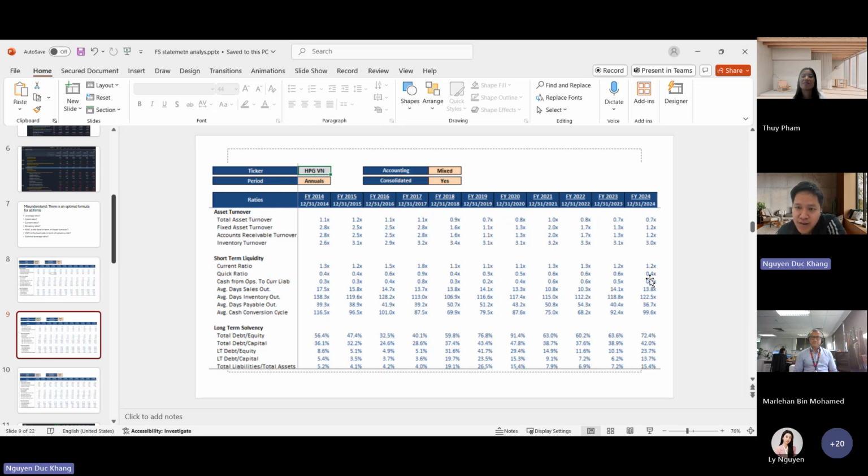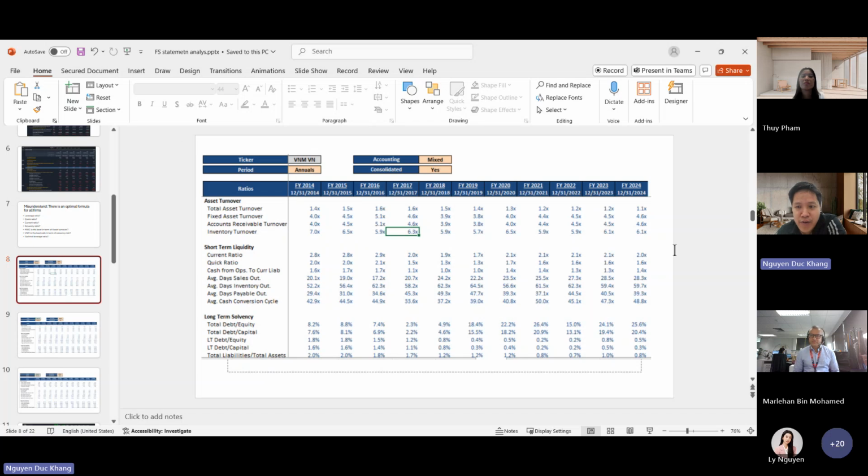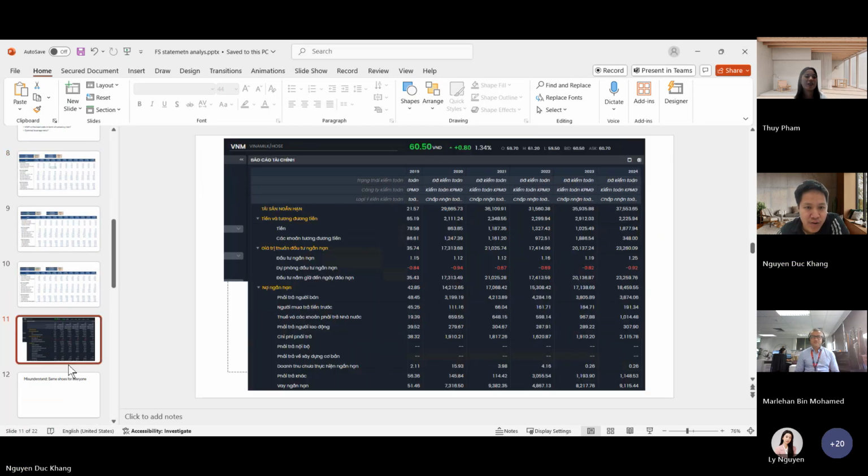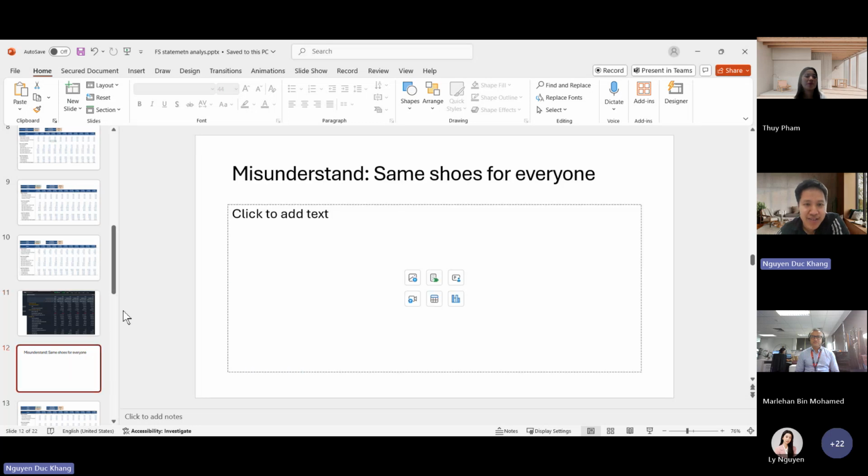But with a quick ratio of 0.4 for HPG compared to 1.4 for Vinamilk, can we conclude that HPG has three times the risk of default of Vinamilk? It's not like that. The reason for that is going to be in the next slide.